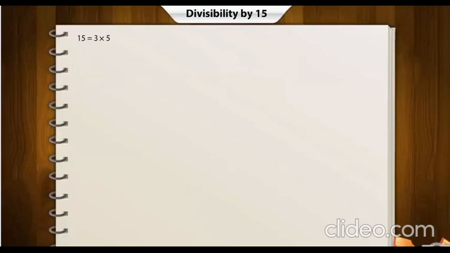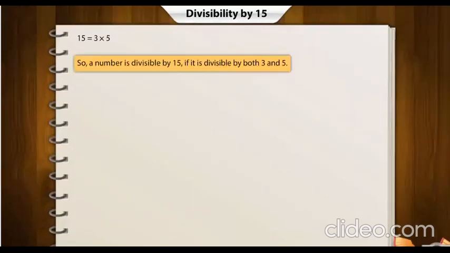Now, we shall look at the test of divisibility by 15. 15 is equal to 3 multiplied by 5. So, we can say that if a number is divisible by both 3 and 5, then it is divisible by 15. Again, let's take an example.